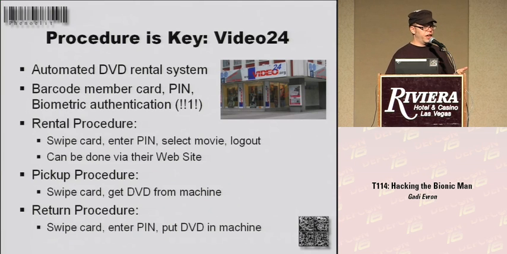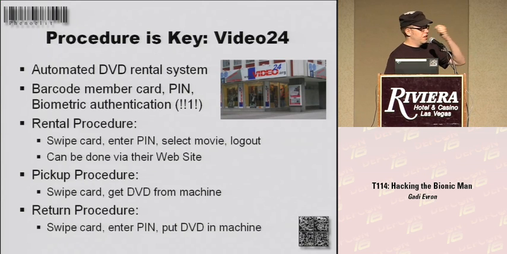It had a barcode scanner at the door, and I walked right in there and asked them for an account and figured out that they're using biometric authentication. They wanted my fingerprint, and I'm like, yeah, you're not getting my fingerprint. So I only go for the PIN. Now this is really cool because it's unattended and it's in my house, so I can go at night and play with their systems.